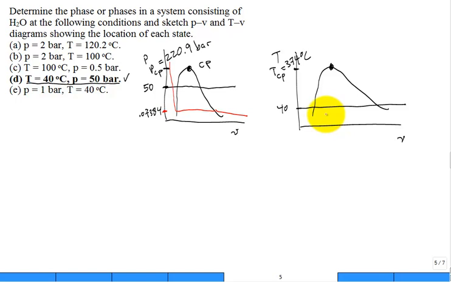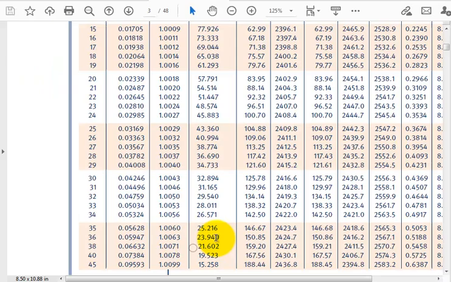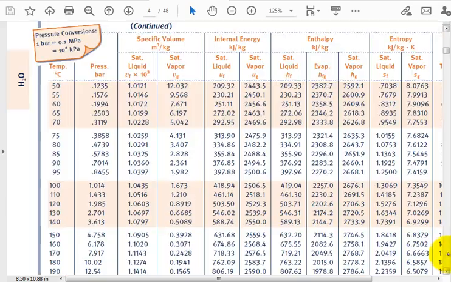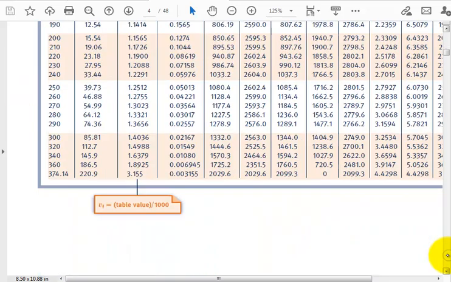So it would be like coming at a line of constant pressure of 50 bar, right? So the 50 bar, maybe I should go, let me do that. Let me go back to the table. So we find our pressure of 50 bar and ask what is the saturation temperature.